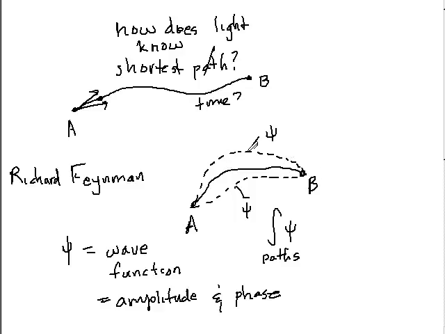In other words, this will be a little bit out of phase of that, and the only place where there won't be any cancellation is right on this surface here. So the reason why the light wave travels here is because, in one sense, it really has taken all possible paths between A and B, and all of them have canceled out in amplitude and phase, except for the one path that actually ends up being the path that the light takes.